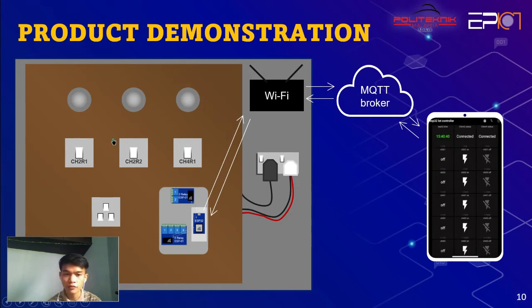Then if the light bulb is turned on, it will send a status saying it's turned on for this light. And if the user turns off the light, then it will send the status turned off. The user can also control from here, and the timing function will be explained in the video later. Okay, that's the short briefing from this product demonstration.